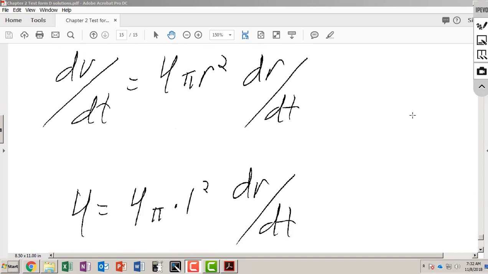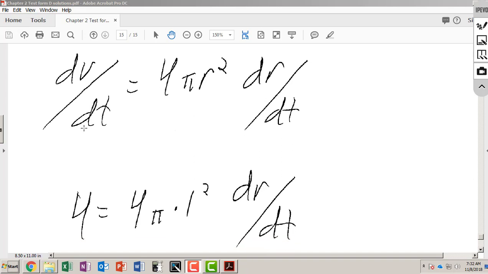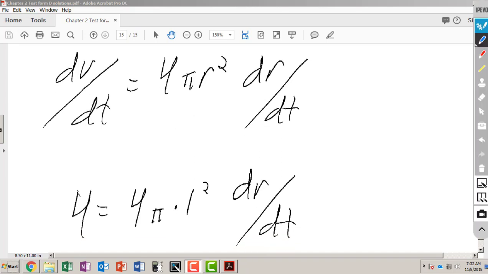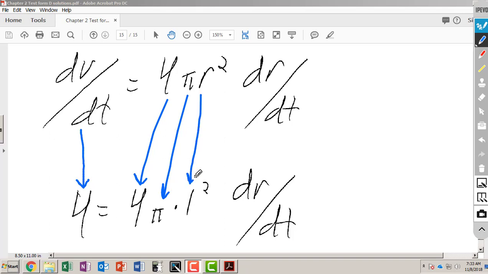You'll notice that in the problem it says the volume is increasing at a rate of 4 cubic inches per second. So there's your change in your volume. The change of the volume is going to be 4. So I substitute in 4. And notice here's my 4 that stays the same, pi that stays the same. And then in the problem it says that the radius is 1 inch. So here's my radius, which is 1 inch.